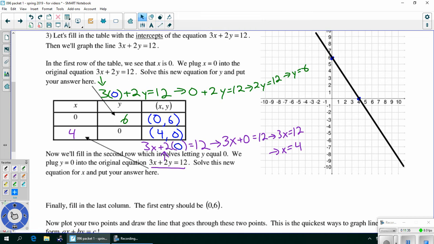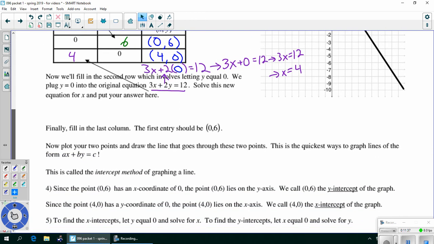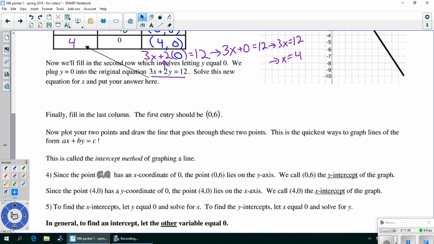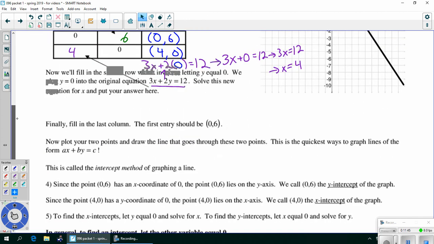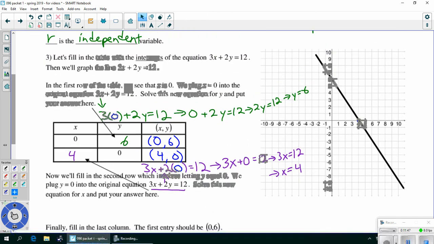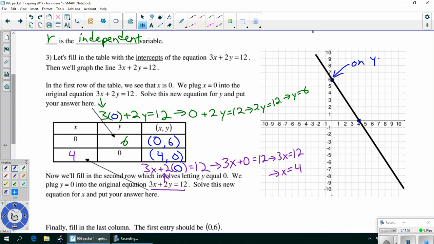Okay, so let's take a look here. This is called the intercept method of graphing a line, what we just did, because we found two things called the intercepts. So if we take a look here at our line, you'll see that the point 0, 6 is on the y-axis, and the place where a graph, like the graph of this diagonal line, crosses the y-axis is called the y-intercept.